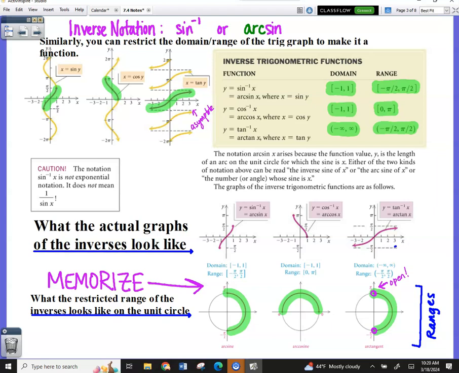So when we solve these trig equations, stay with me, Brody. Sorry. I can only pull sine from quadrant 1 or 4, right? This is cosine. I can only pull from 1 or 2. This is tan. I can only pull from 1 or 4.